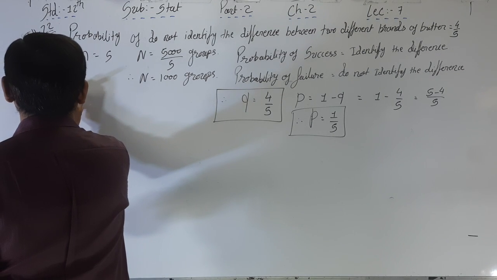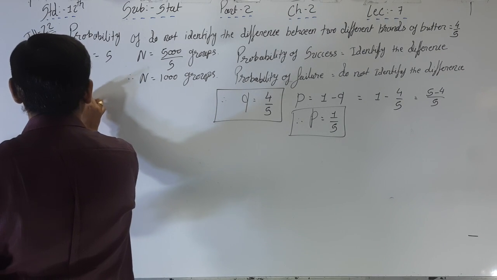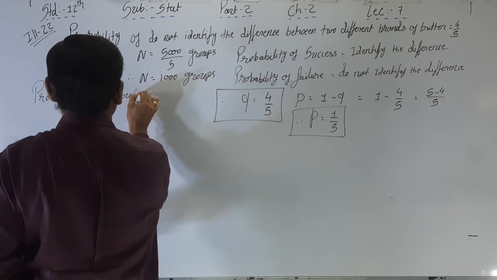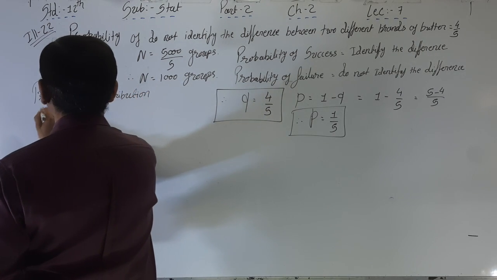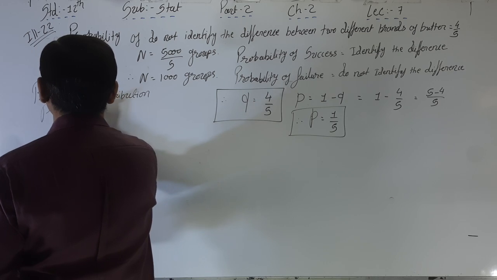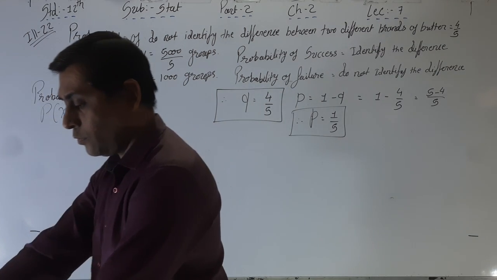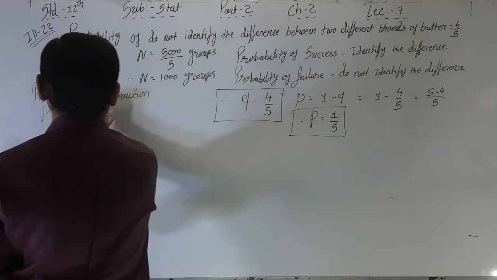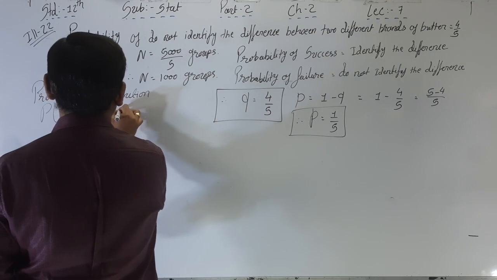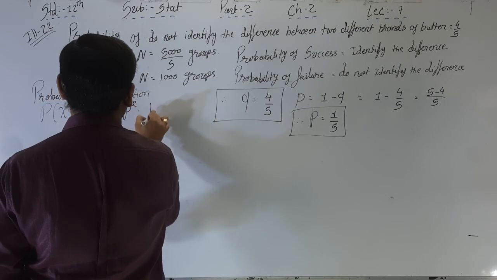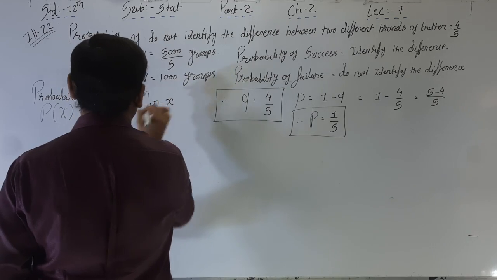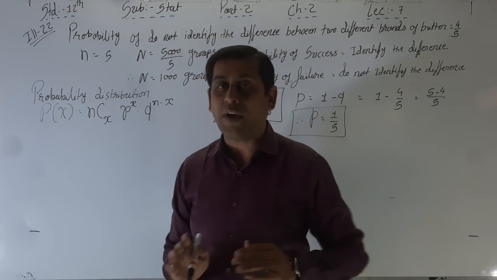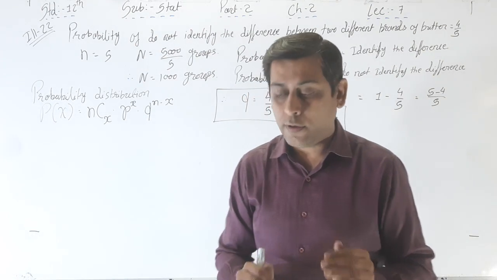Probability distribution, that is P of X is equal to nCX into p raised to X into q raised to n minus X. That is the probability distribution. Now we have the values of n, p and q, right?